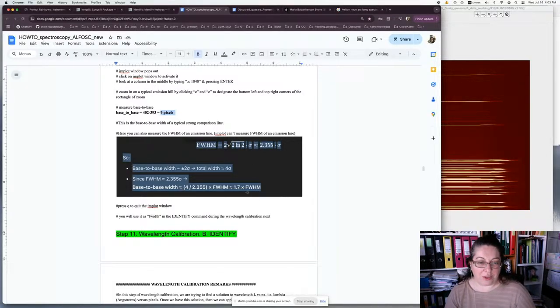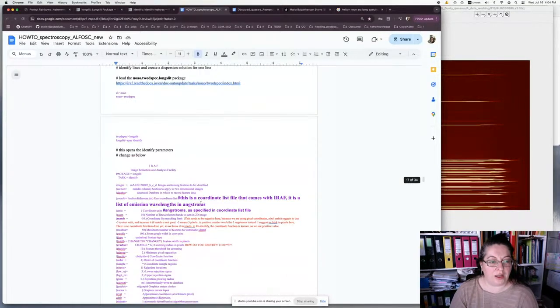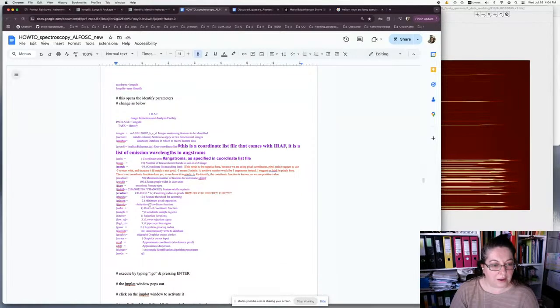The base to base width is about 2 times the full width half max. So the full width half max is 9 over 2, something like 10 over 2, is 5 pixels. And I was a bit generous. I gave 6. C radius 6. It's just an initial guess.